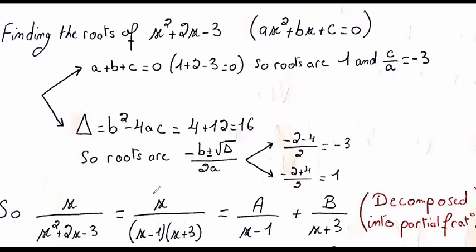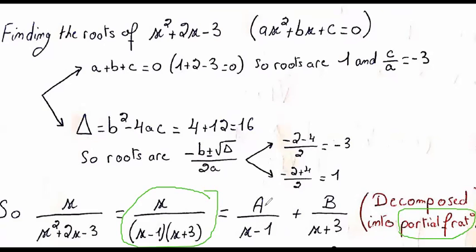Now we decompose our fraction of polynomials into what we call partial fractions. The first partial fraction would have the denominator of the first factor, which is x minus 1, and the second one would have x plus 3.